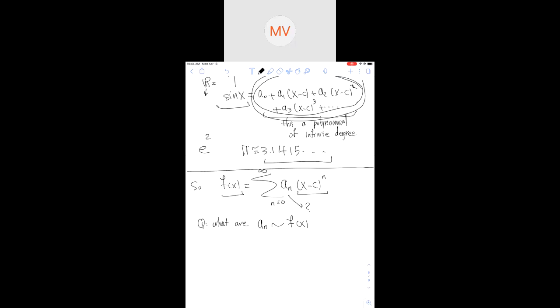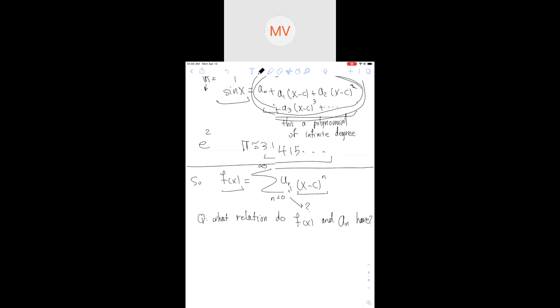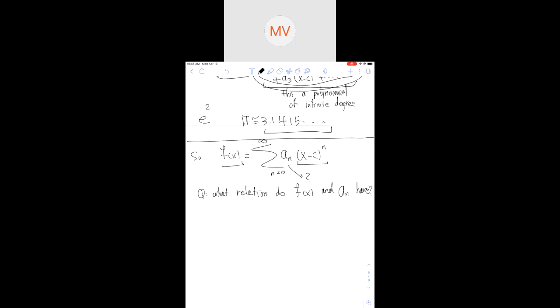Because every time we change this function, this a sub n has to change, right? So how are they related to f of x? Let me rewrite this question: what relation do f of x and a sub n have? All right. Yeah, it's going to be derivatives.